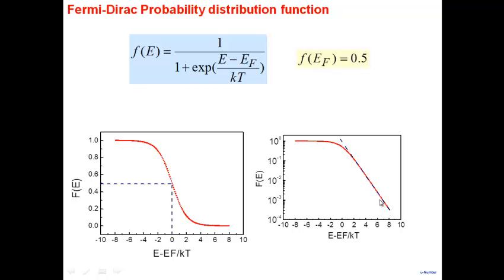It's an exponential. So f(E) can be approximated simply by exp(minus (E minus EF) by kT). That's a very good approximation, as long as you are something like 2 or 3 kT above your EF. So for all energies 2 or 3 kT above EF, f(E) becomes exp(minus (E minus EF) by kT).